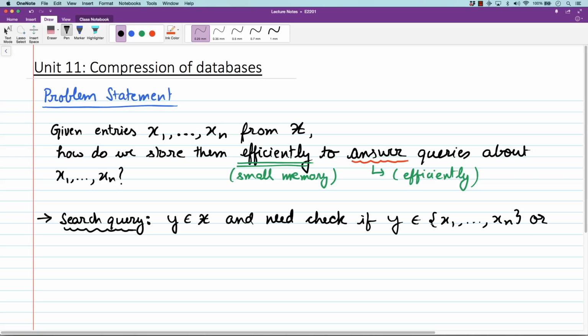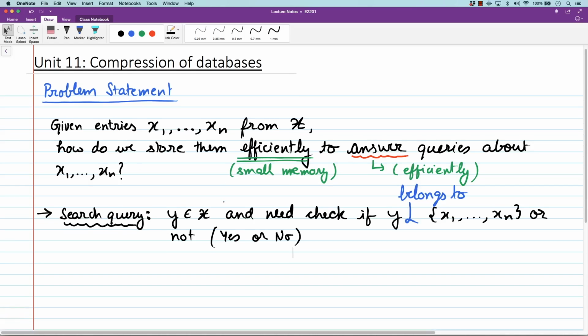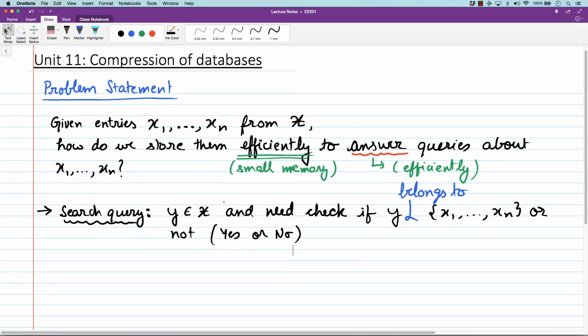So the answer to this query is yes or no. So just a binary answer. Okay. So the question is, if you want to answer these queries, how do you store x1 to xn? Very simple question to state.